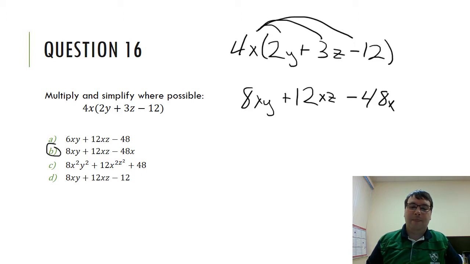There we go. Well, I can technically distribute here, so that would be 4x times 2y, that's 8xy. 4x times 3z, that's 12xz, cross my z. And 4 times negative 12 is going to be a negative 48. Don't forget the x.